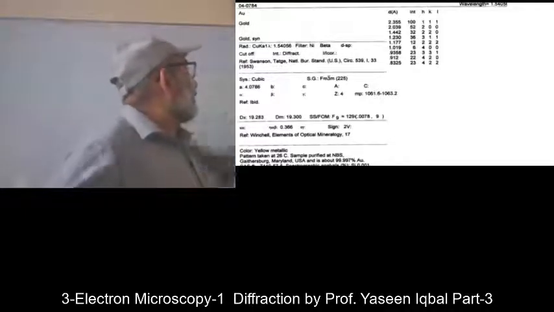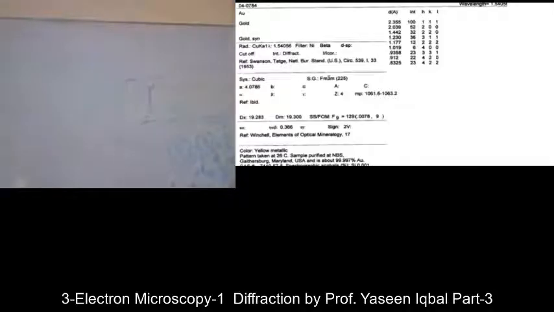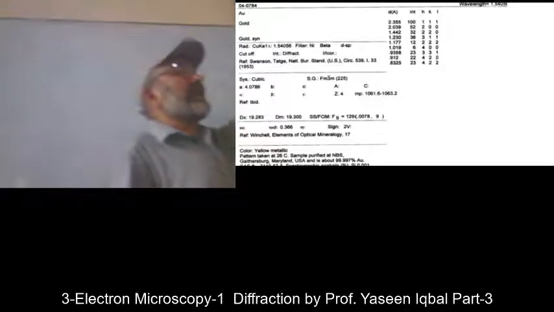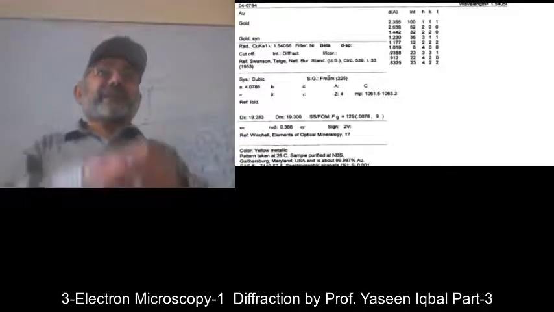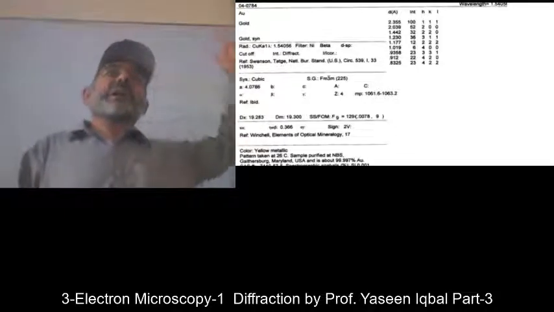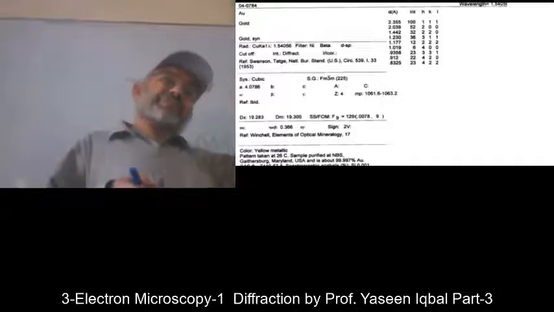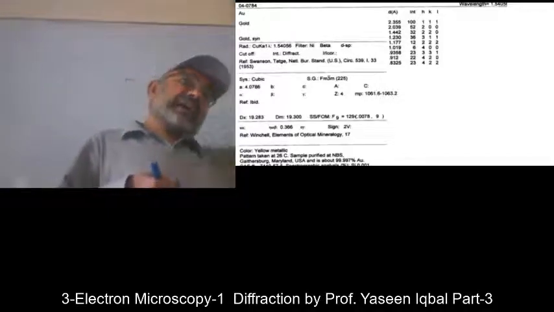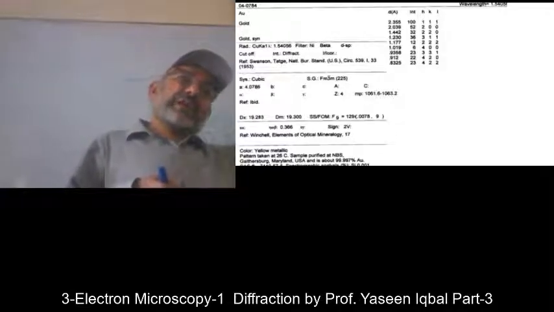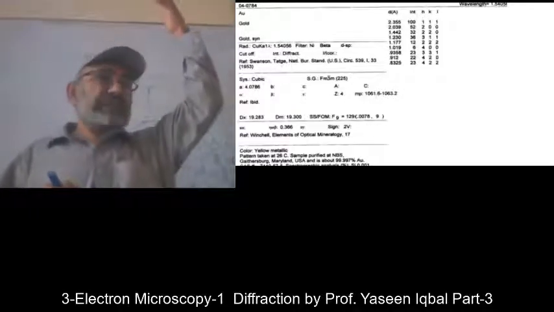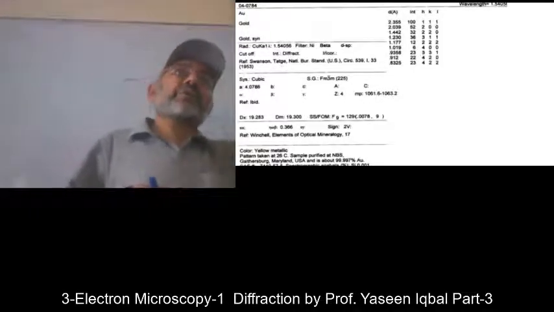With cubic symmetry, with space group Fm3̄m, which is space group number 225, with lattice parameter this, and my interplanar spacings were this, and the intensity if you are talking of XRD, and just the interplanar spacing and angles are matching the ICDD card number this for cubic gold, for monoclinic lithium silicate, or whatever phase you have found there.